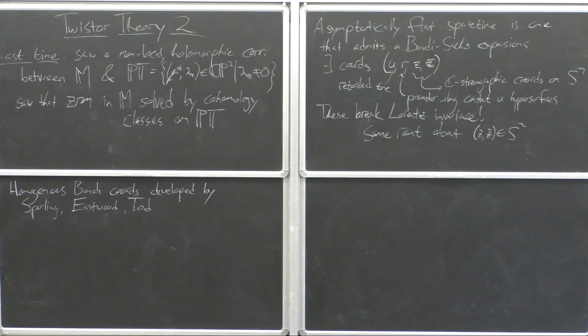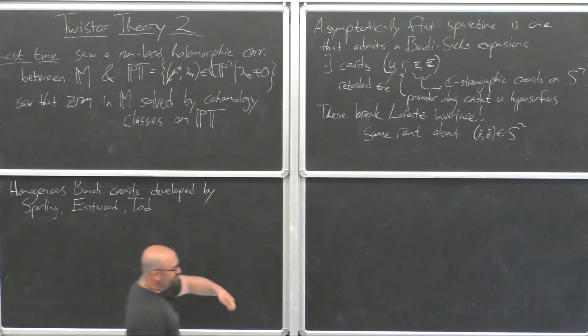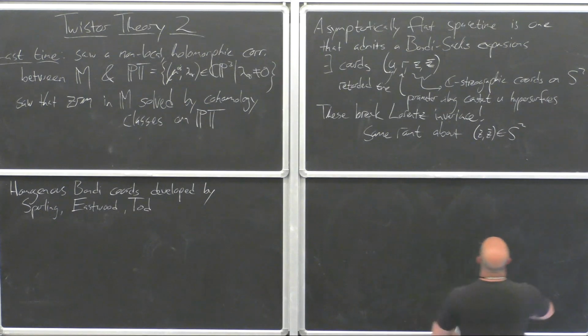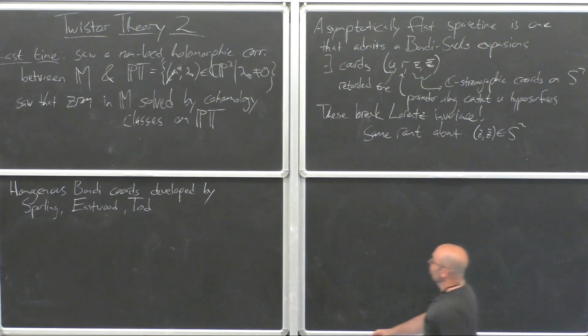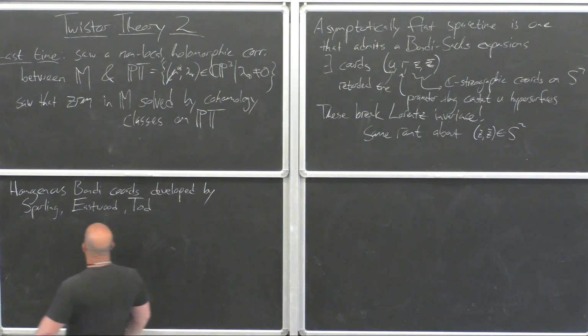Okay, well, just again to keep hammering this dead horse even further. If you write things in affine coordinates on the sphere, in some sense you should always be able to convert back to homogeneous coordinates if you did things street legally. But sometimes this isn't an obvious exercise. So anyway, it turns out there's a homogeneous version of the Bondi coordinate system, which was developed by Sparling and written up by Eastwood and Todd in the 80s.